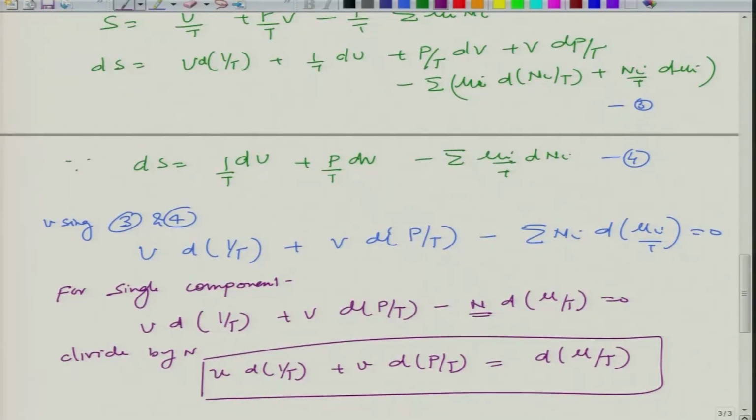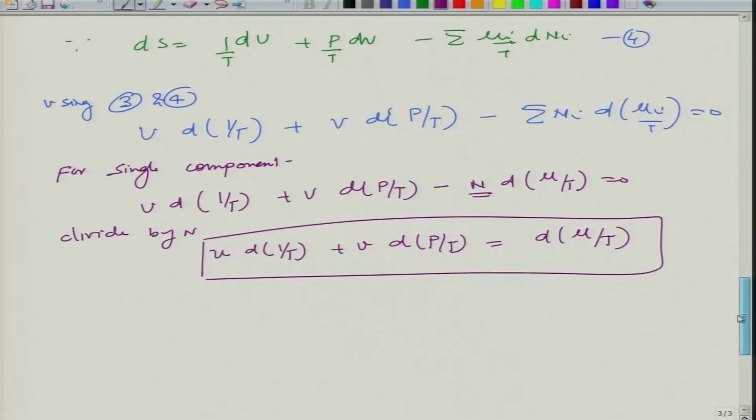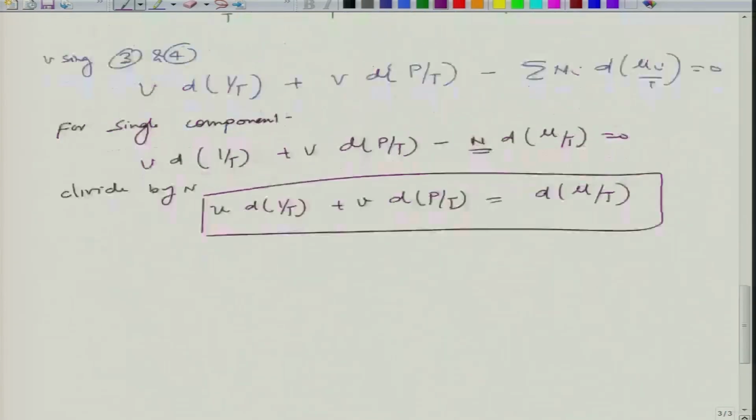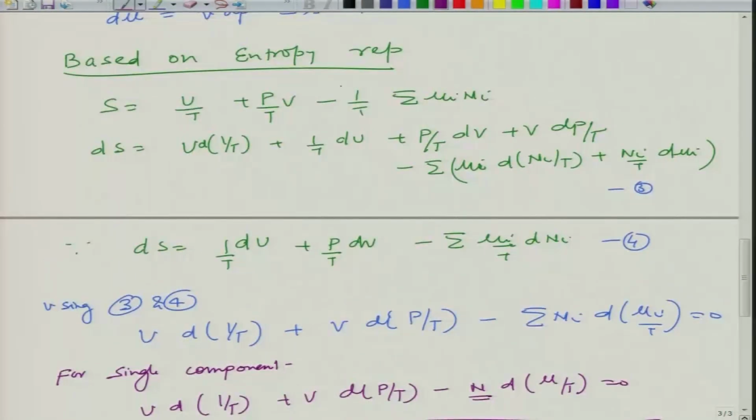Now, what I am going to consider is a simple case and try to extend this understanding. So, let us summarize this. The purpose of this exercise is to demonstrate an expression which connects the intensive variables.